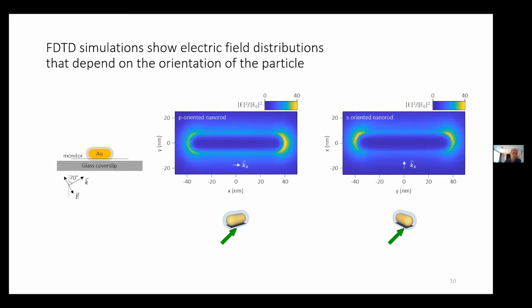So now, of course, the question becomes, do we also observe this experimentally? So does the reactivity ratio between the two nanorod tips change as the orientation of the particle changes? Now, if you want to make this comparison, you immediately run into some resolution issues, because the distance between these two nanorod tips is actually very small, whereas the features that we see experimentally are quite large.